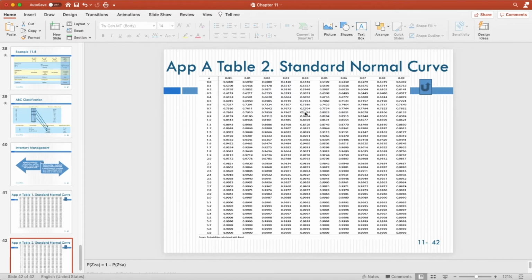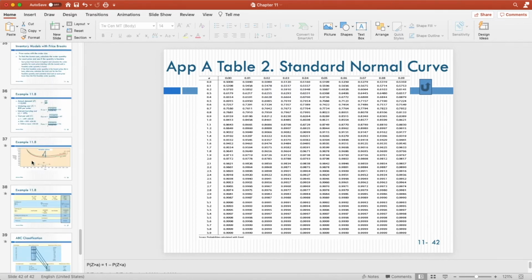What is the corresponding z value? Very simple. Since this is at the intersection of a certain row and column, you look at the corresponding row, which is 0.8, right here. And then you look at the corresponding column, which is 0.04. 0.8 plus 0.04 is 0.84.